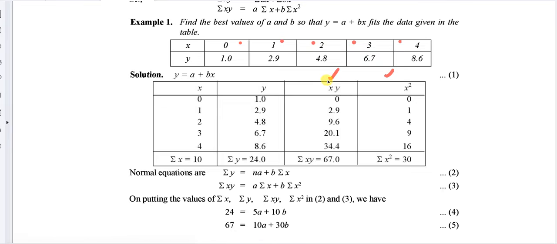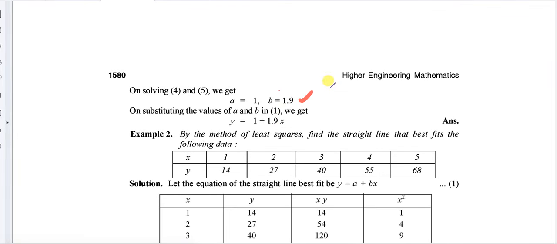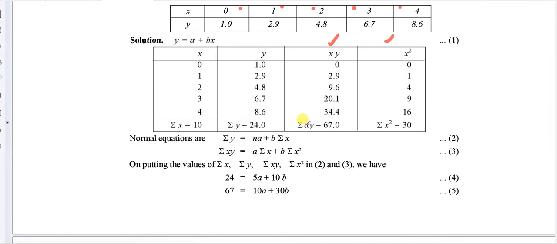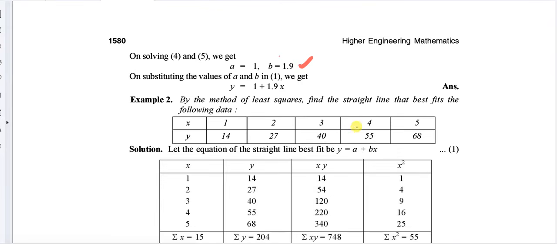Oh, very good, this data is apt. And if I plug in 2 here, 2 times 1.9 is 3.8, 3.8 plus 1 is 4.8. So it is like that, but don't expect that it will be possible for all the values here.